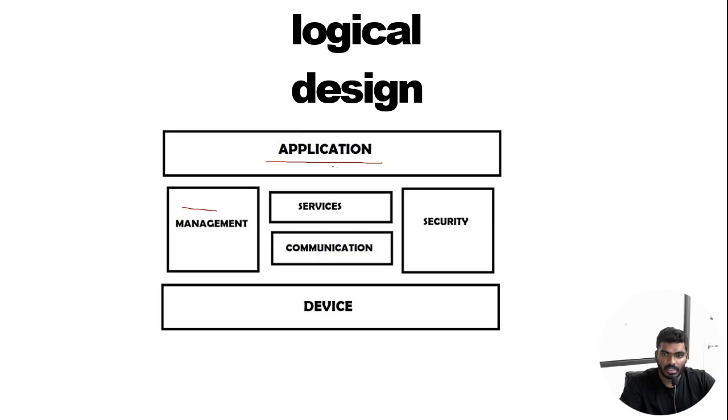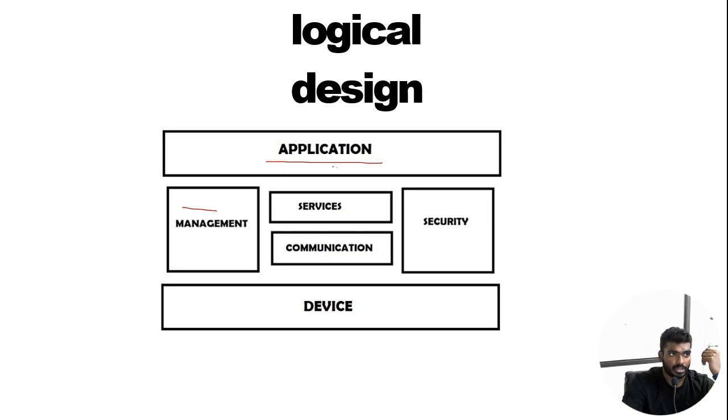Coming to the service layer, it offers various functionalities that support the operation of IoT devices and applications, such as data storage, data analytics, and remote device control. For example, cloud-based services for storing data generated by IoT devices, or using it to make decisions. That's what the services can do.